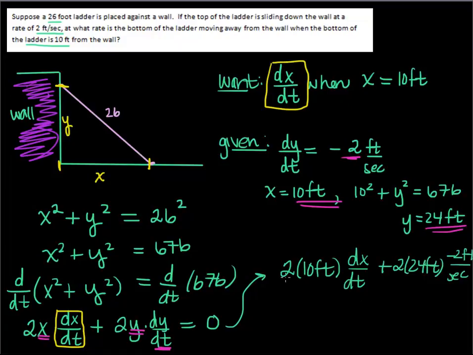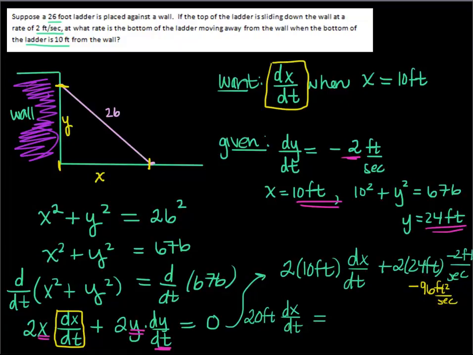All of that equals 0. So let's simplify a little. So I get 20 feet times dx/dt equals, well, what is this all going to equal over here? I have 4 basically times 24, which is 96. So all of this here is a -96 feet squared per second.